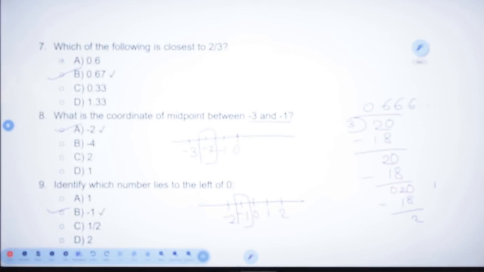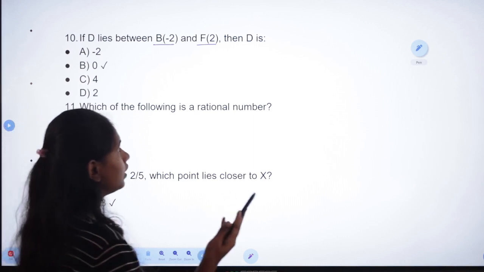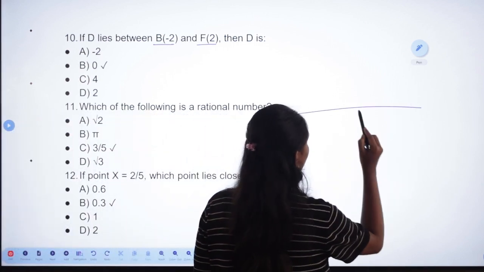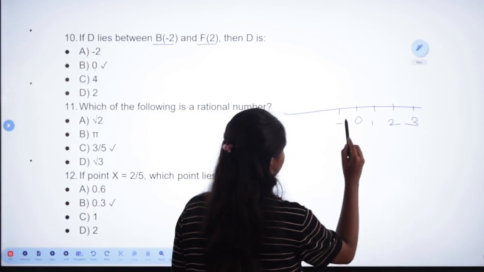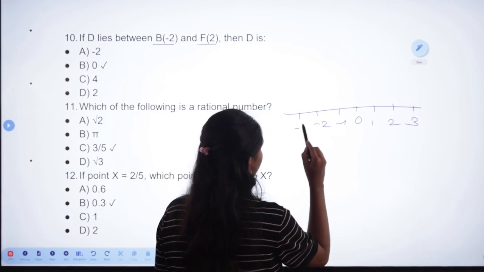Okay. Then next, if D lies between B, -2 and F, 2, then D is, now 0, 1, 2, 3, -1, -2, -3.